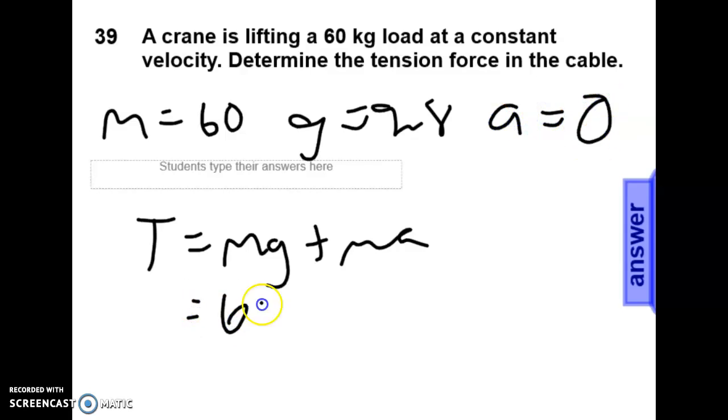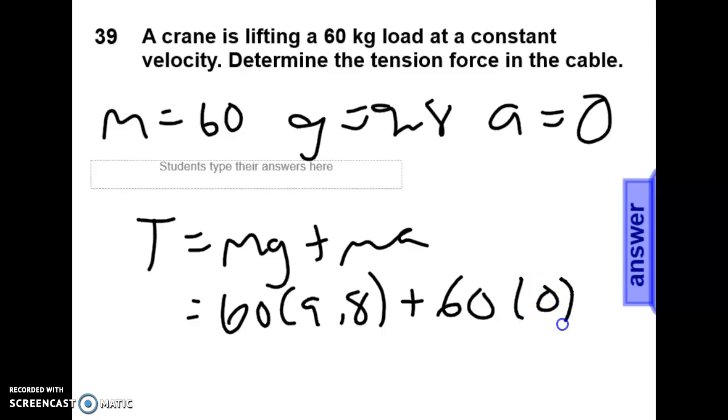So that's 60 times 9.8 plus 60 times 0. 60 times 9.8 will equal 588 newtons. You're going to have to know how to do this problem in addition to the Mini Cooper problem that we have been talking about on various days. Let's go to the next one.